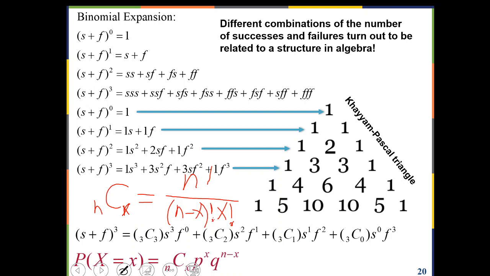So people figured out how to find these numbers, and if you can find those numbers, then you can find the probabilities, right? If you do it 3 times and you want to find the probability that I'm going to get 2 successes, then we know there are 3 different ways you can get it, and each time is easy to calculate.